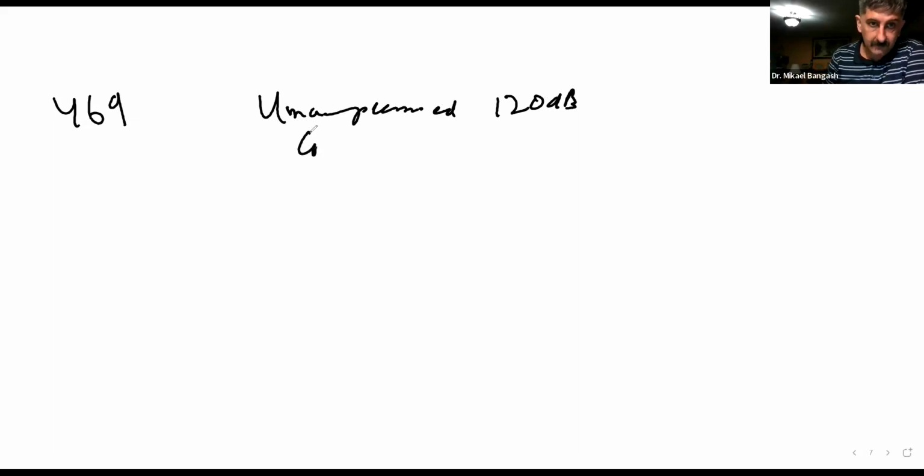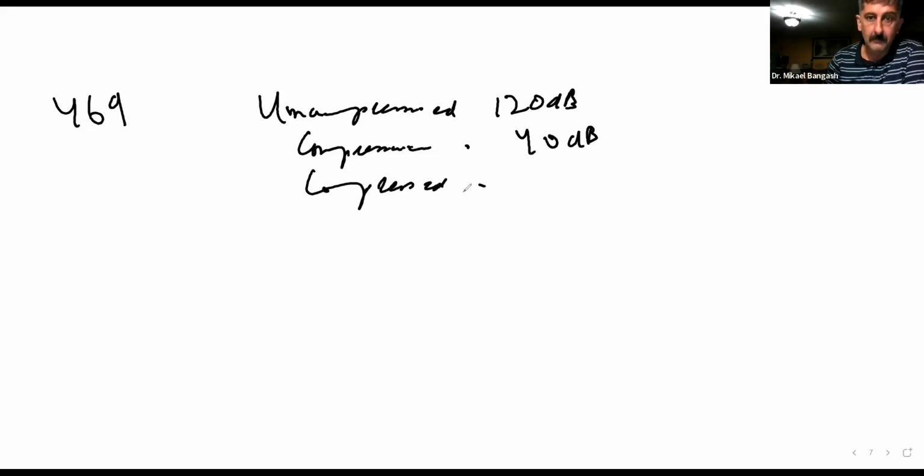It is compressed, and the degree of compression is going to be 40 decibels. They ask what is the dynamic range of the compressed signal. We subtract these two and get a total of 80 decibels.